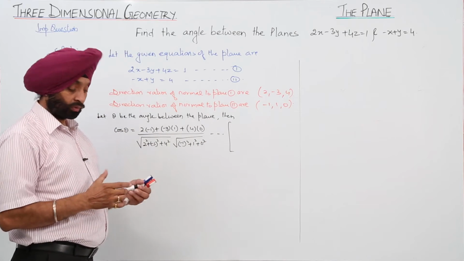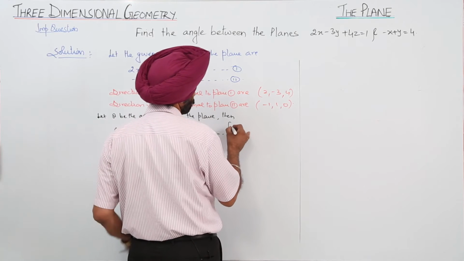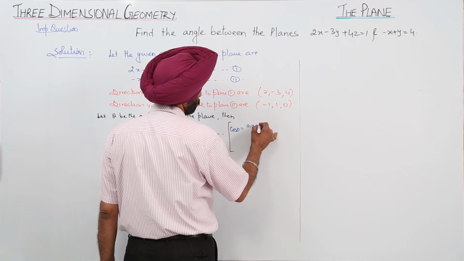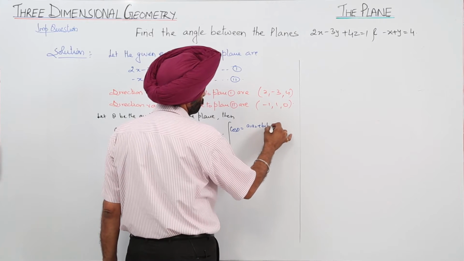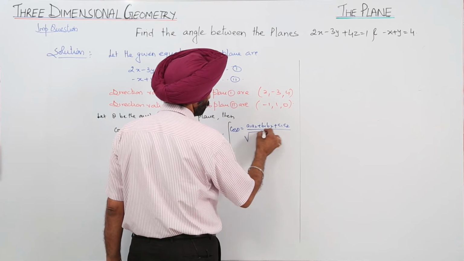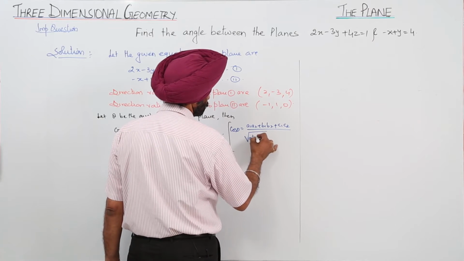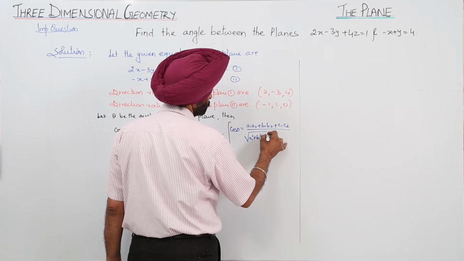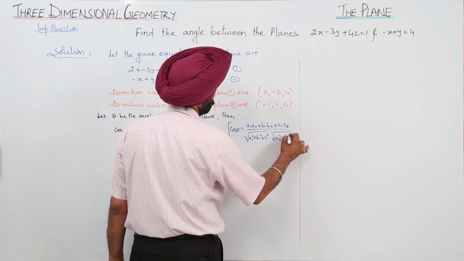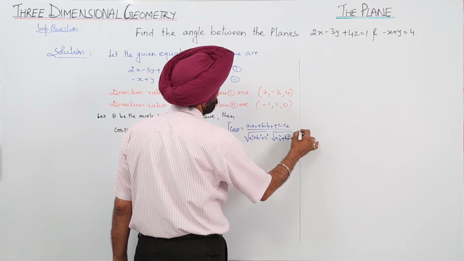Now what we have used: cos theta is equal to a1 a2 plus b1 b2 plus c1 c2 upon square root of a1 square plus b1 square plus c1 square with square root of a2 square plus b2 square plus c2 square.